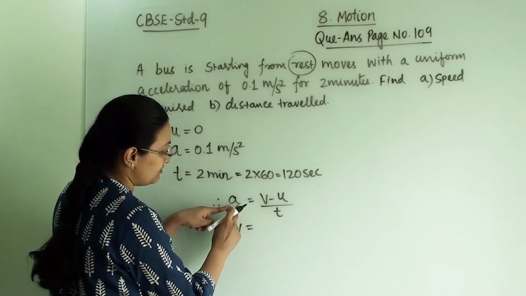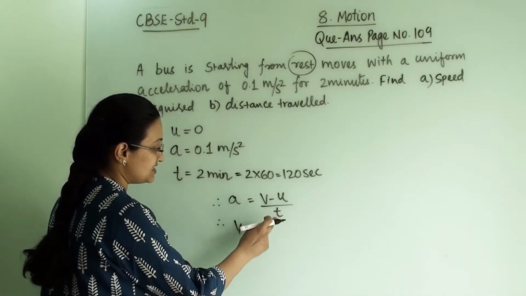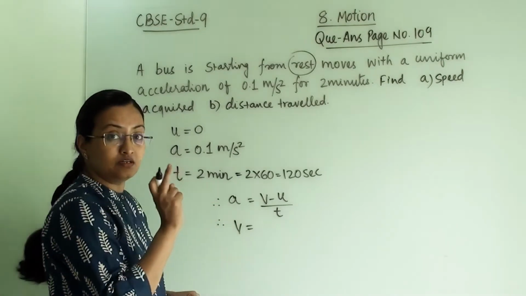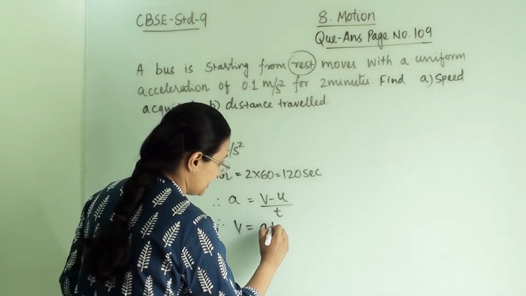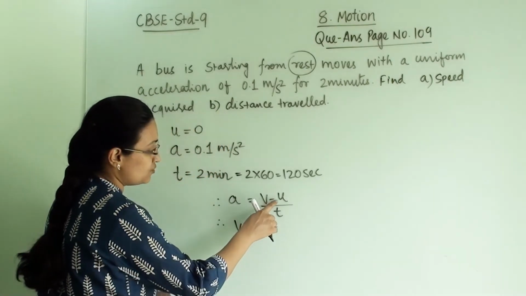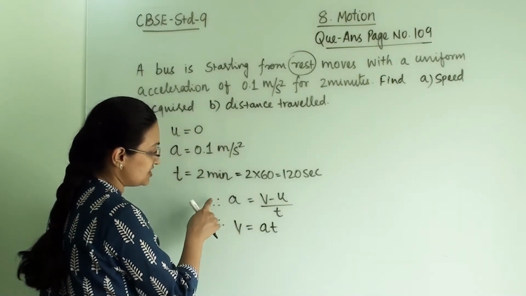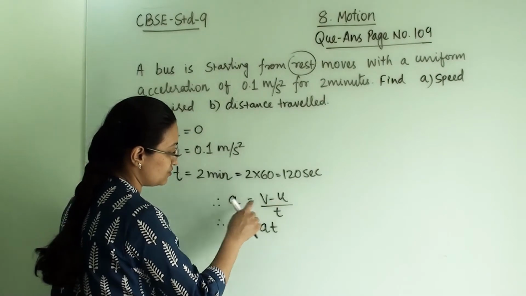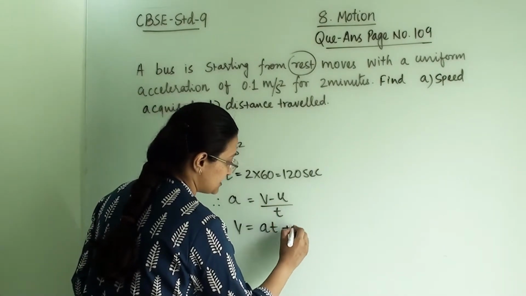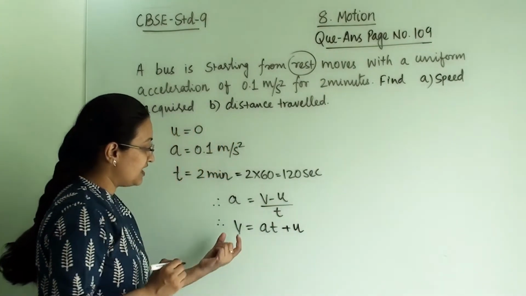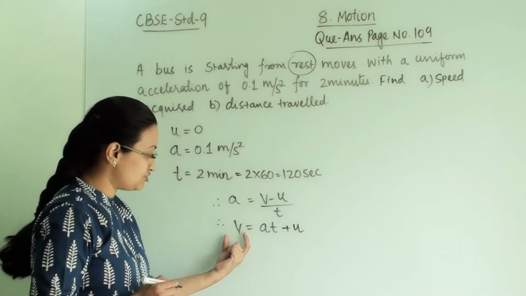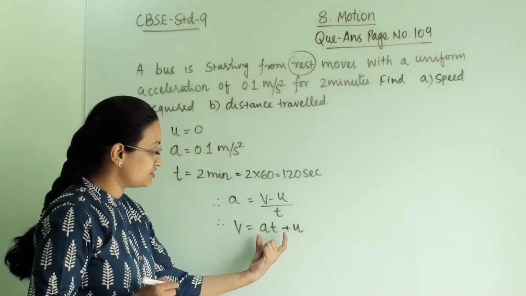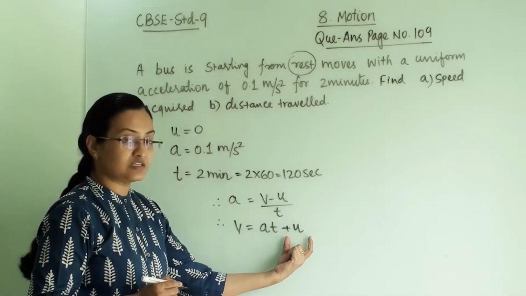Once t goes to the other side, it comes in multiplication with a, so it is going to be at. Now u is on this side; when we change the side of u, it is minus, so it will come in plus sign. So we have made the equation with respect to v, the final velocity which we have to find out. So this is our equation: v equals at plus u.